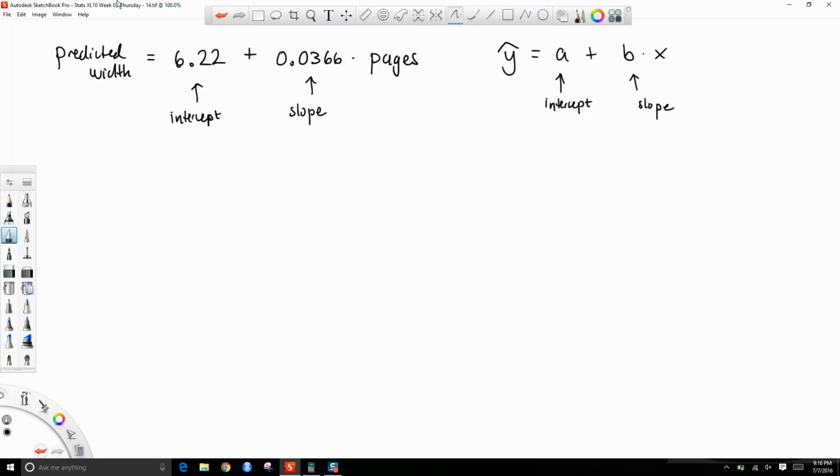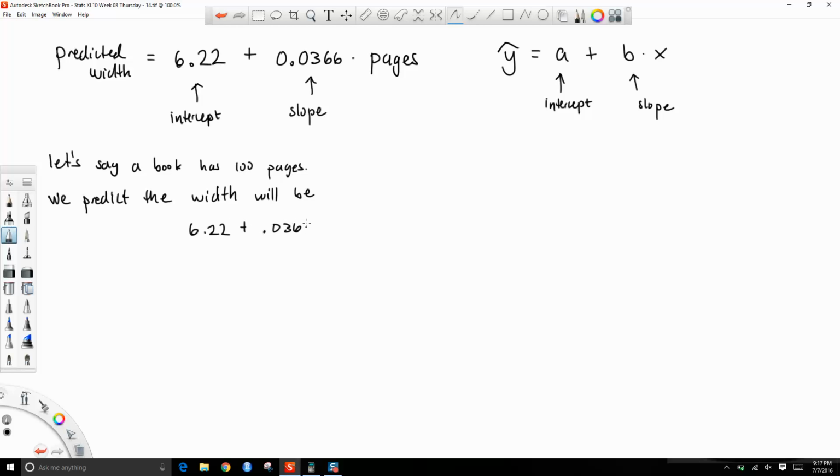All right, so let's say a book has 100 pages. What do we predict its width to be? We predict the width will be, we're going to do 6.22 plus 0.0366 times 100.